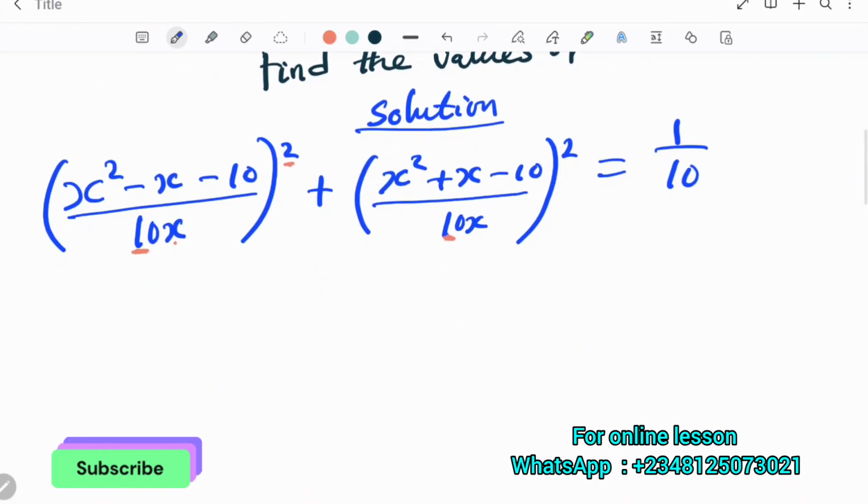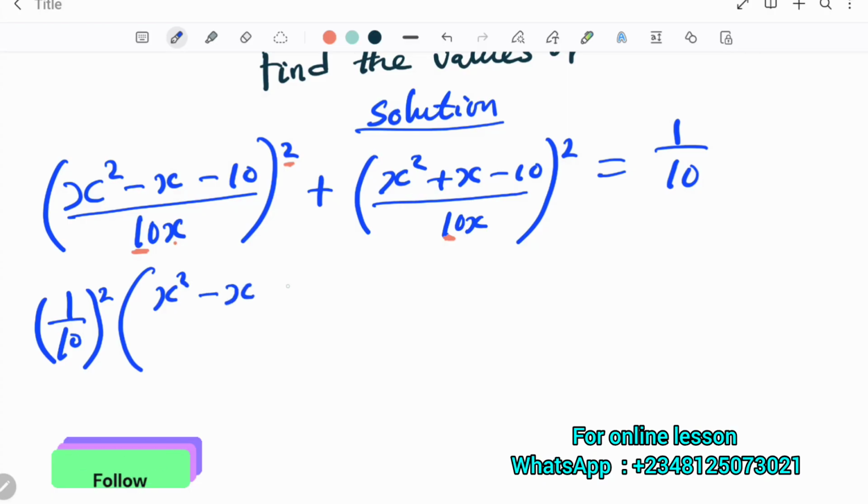So what I can do is bring out 1/10, all squared, because the square is affecting it, then multiplying ((x² − x − 10)/x) and the square will still affect there.